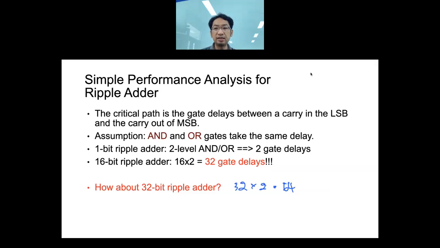But the question here: how can we improve this? How can we make it faster? Any idea? How to make it faster?